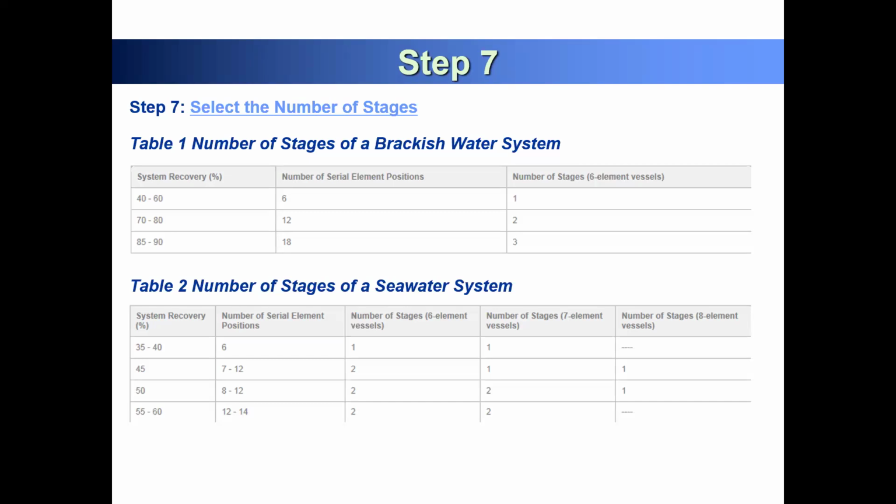But in your assignment, I would like you to design a second stage because we target 45%, 50% of our overall water recovery of seawater desalination. So go for a second stage in your seawater desalination plant system.